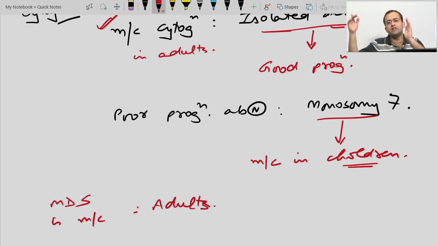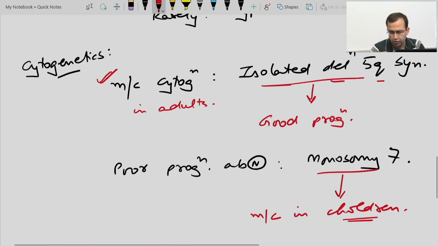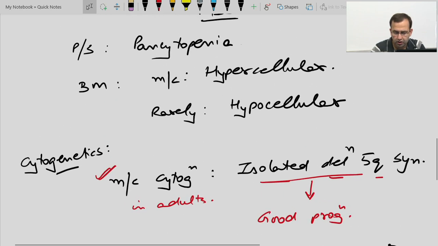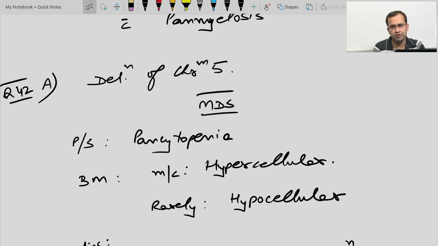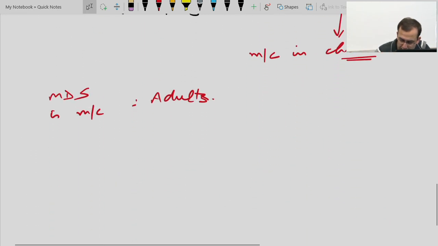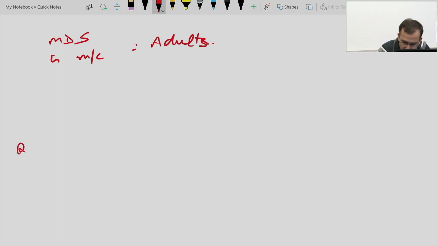So whichever is the most common cytogenetic abnormality overall would be the most common in adults also: isolated deletion 5q syndrome, which is associated with a good prognosis. Done.